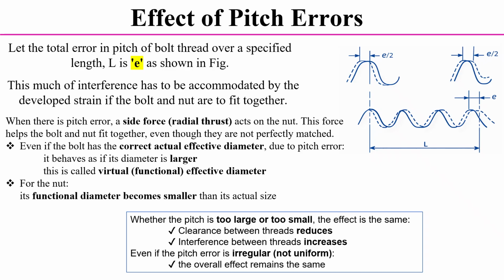With a small pitch, clearance between the threads is reduced, but with a too large pitch, intervals between the threads increase, so the effect is the same. Even if the pitch error is irregular, the overall effect remains the same.